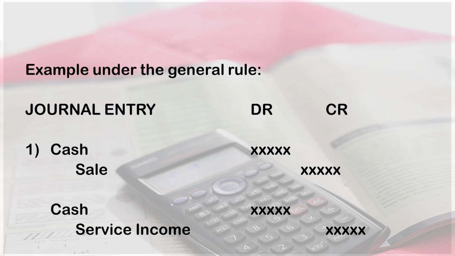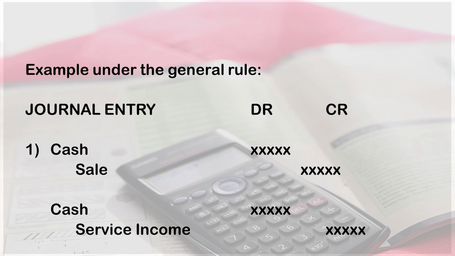First example, assuming the business is engaged in trading or merchandising, one of the main sources of income is sale. So, the entry when there is a sale: debit cash, or if it is on account in the form of receivable, then the credit is sale.